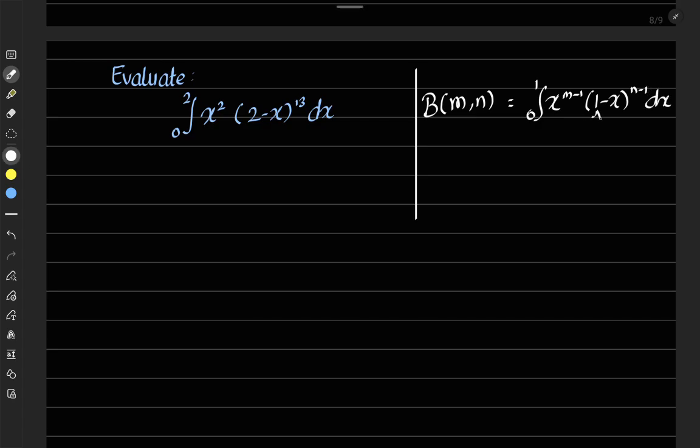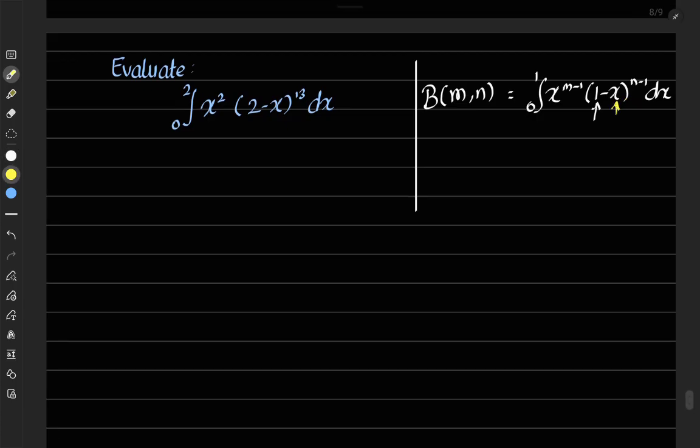Note that here is a 1 term and at this point there is a 2 term. So we need to change this 2 to 1. So to do that we will substitute this x as 2t, so that we can take 2 outside the integral as constant.